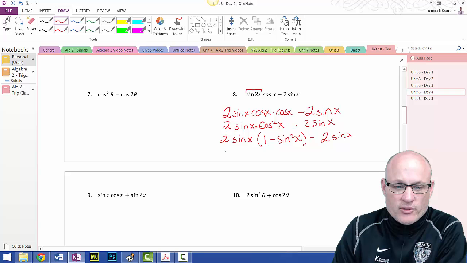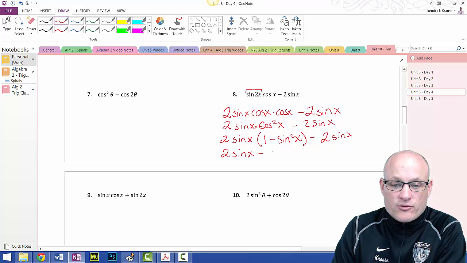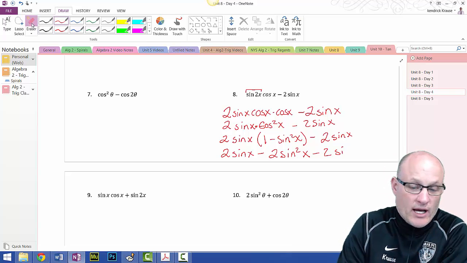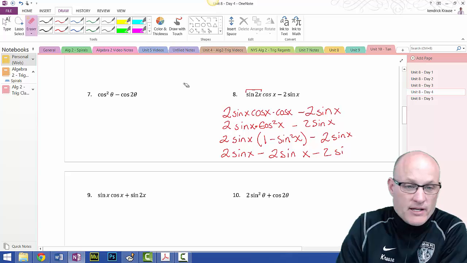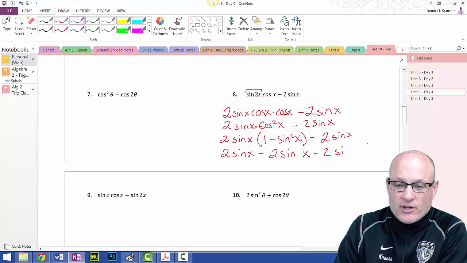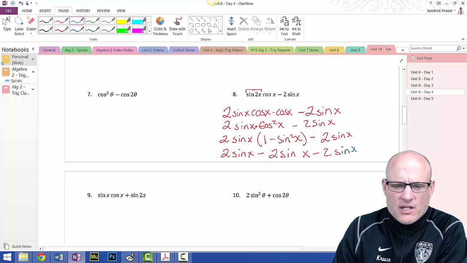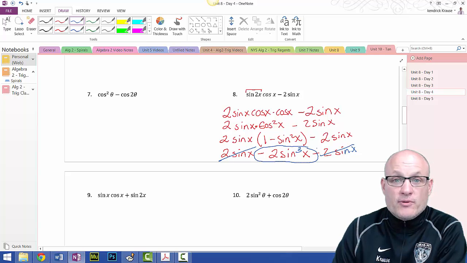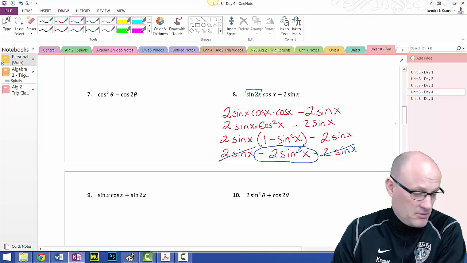We're going to distribute, so we get 2 sine x minus 2 sine cubed x minus 2 sine x. Maybe I did get this right. Now this 2 sine x and this minus 2 sine x cancel. So there's my answer: negative 2 sine cubed x. Wow, that's a crazy problem.